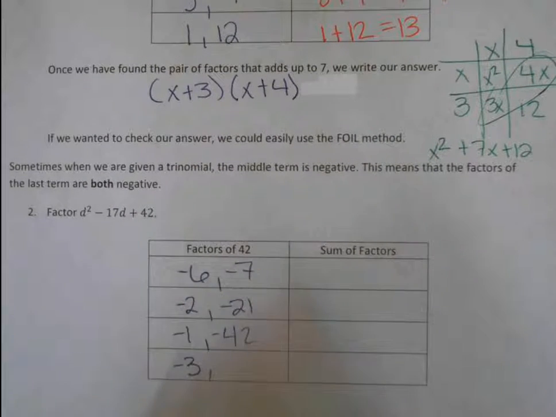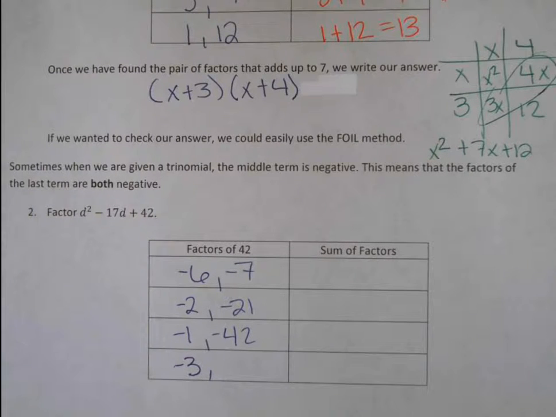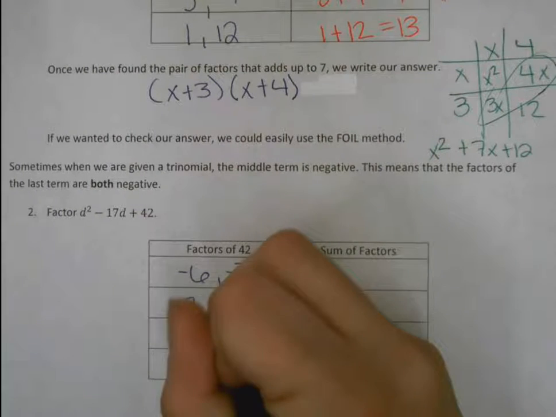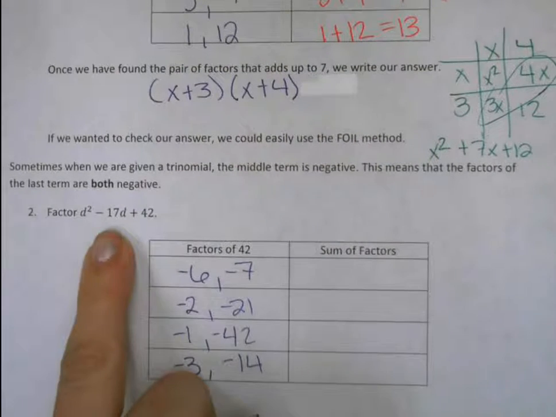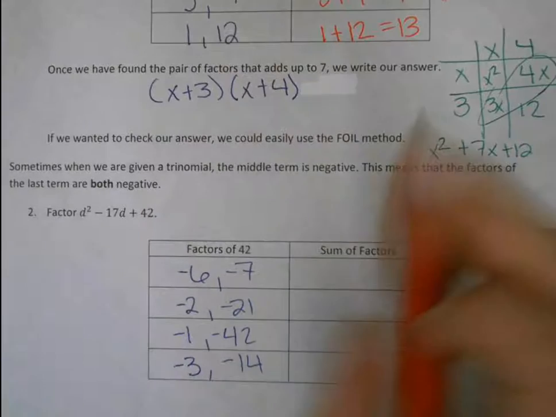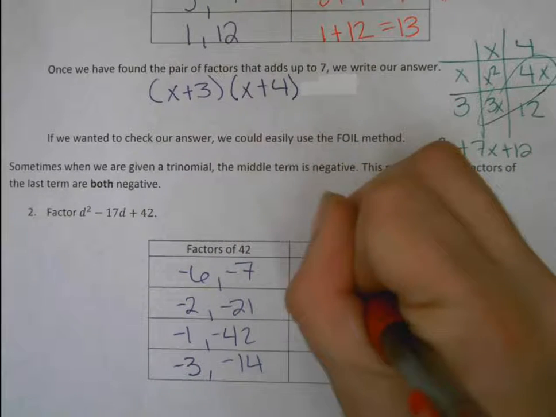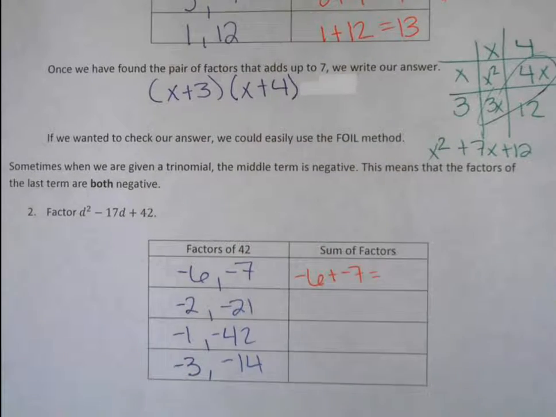The first one's 3 and 14. Okay, so I needed to add up to negative 17. So I'm going to add my numbers together. I have negative 6 plus negative 7.